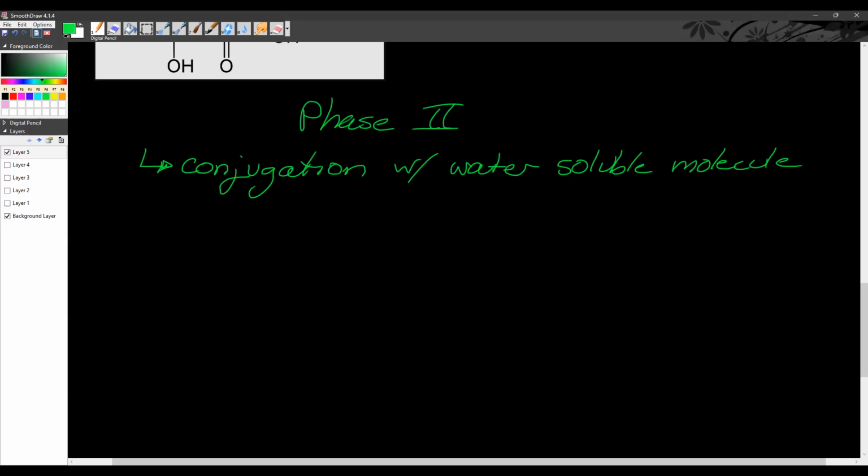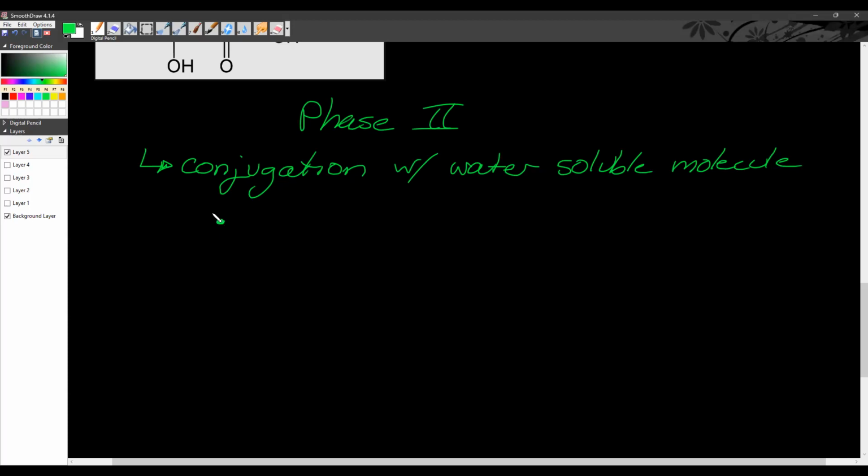There's a lot more that goes on in terms of which molecule will get conjugated than what you guys are required to know. But what is important to know is that there are multiple different kinds of molecules, and they all function slightly differently.